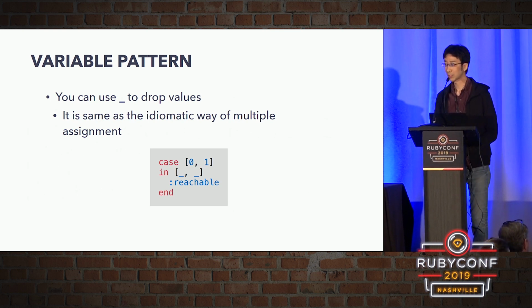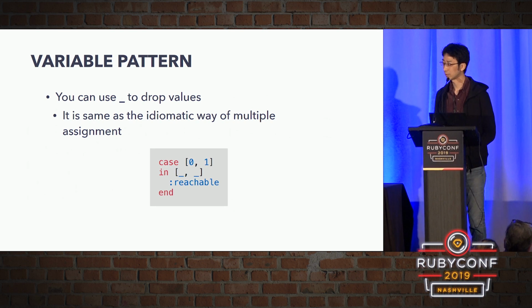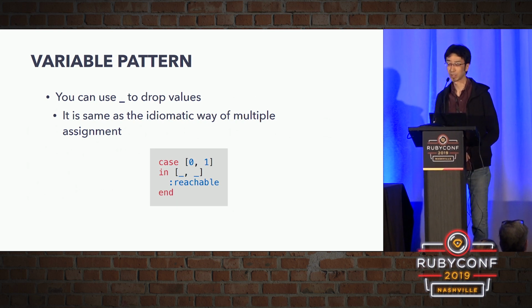Normally, variable pattern is used to refer to the value later, but variable pattern can also be used to check object structure. To do that, you may need to drop unnecessary values, and you can use underscore to drop the values.